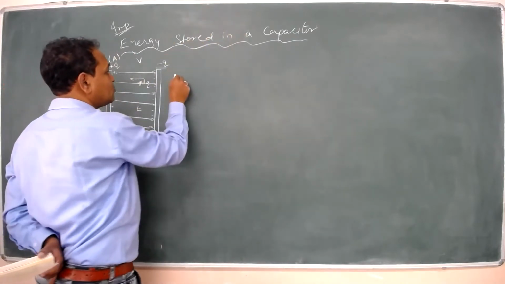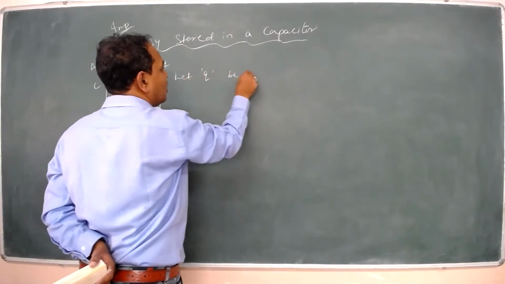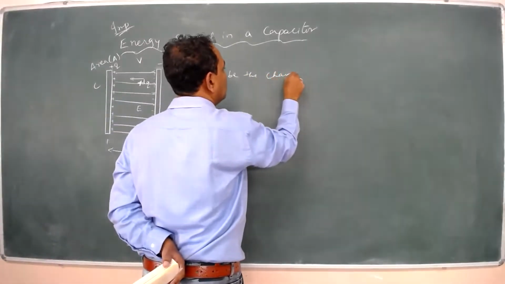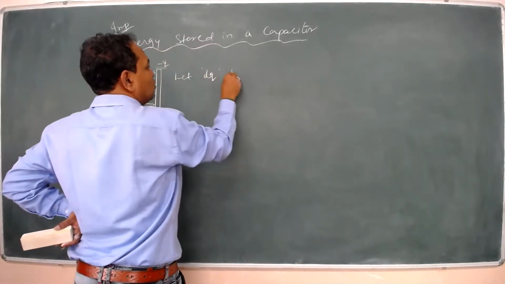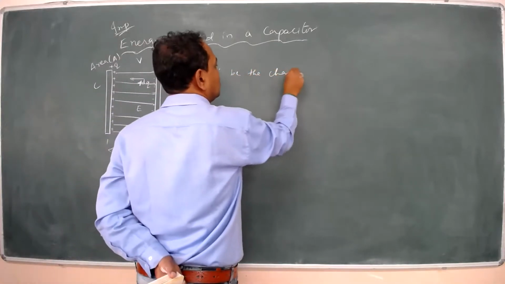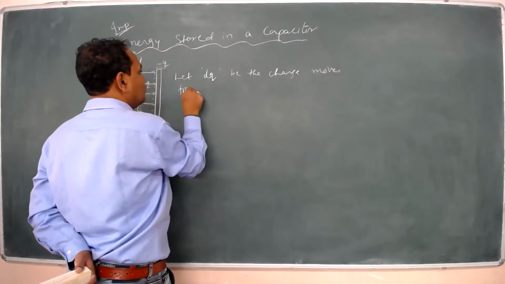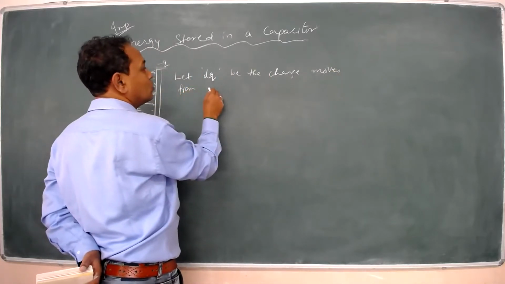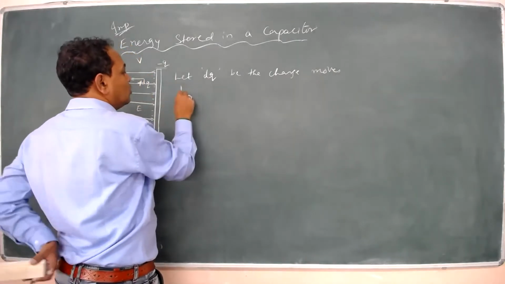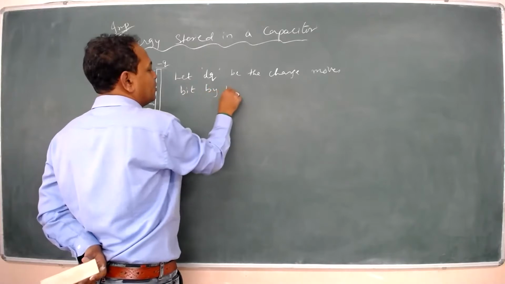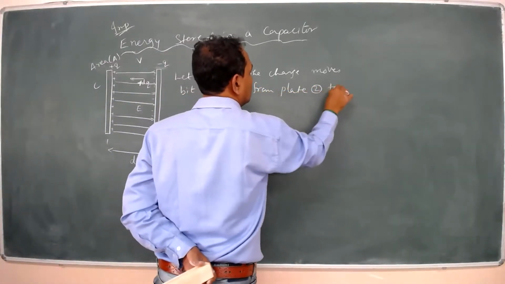Therefore, let dq be the charge that moves bit by bit from plate 2 to 1.